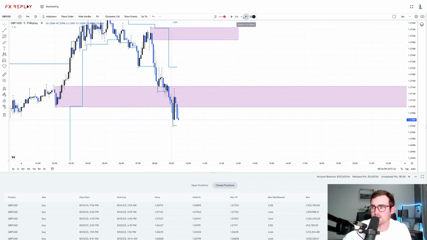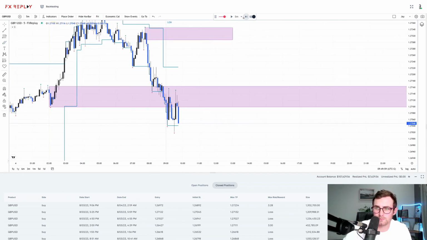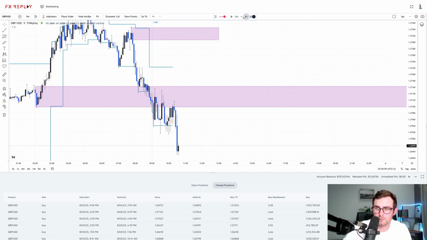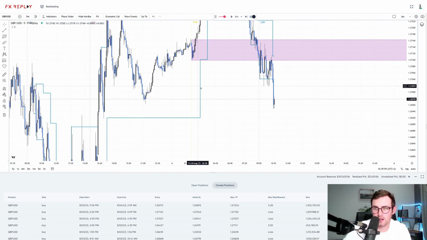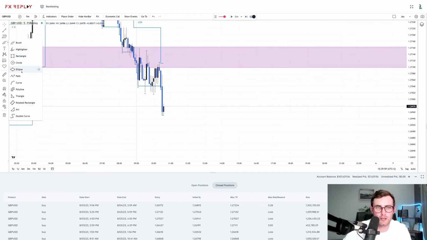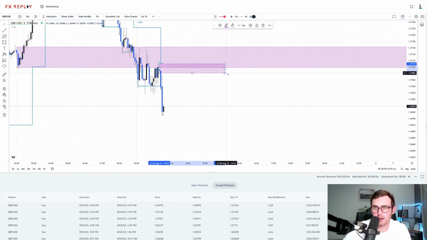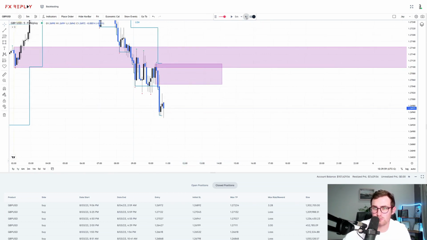No entry off the supply. Okay, so price is just continuing to fractally break structure to the downside. If we get the failure of these supplies or potential pullback into these supplies, this can actually be your supply fractal range. Valid to look for shorts.